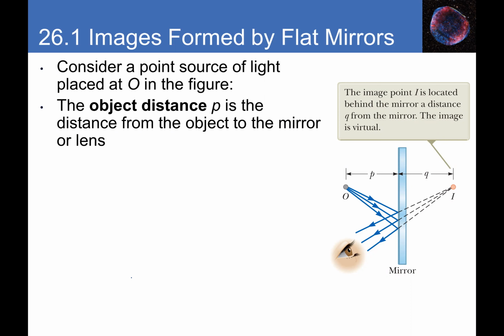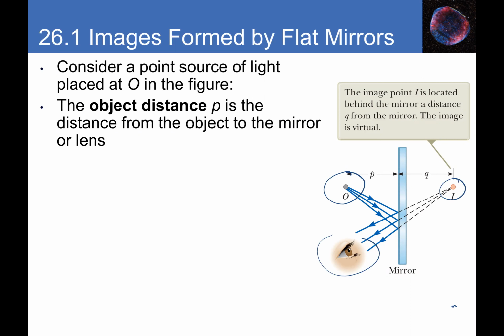So what we're going to do here is try to find the mathematical equations, or the conceptual understanding, of the image formed by the plane mirror. Now, what we have here, you can see in this picture diagram, there are three things. Two important things are the object and the image that is formed for this observer over here.